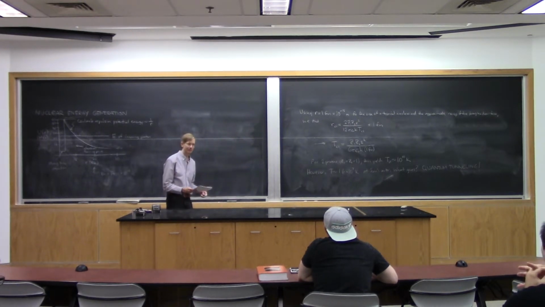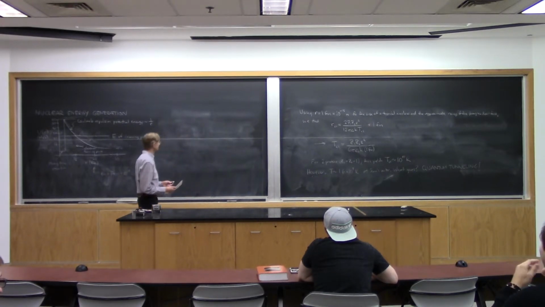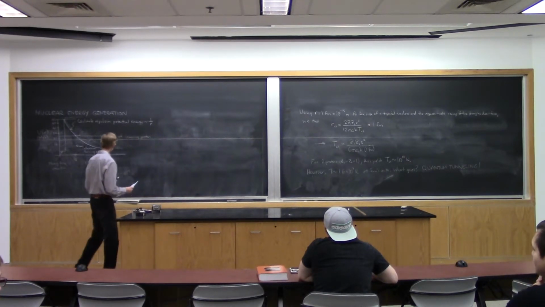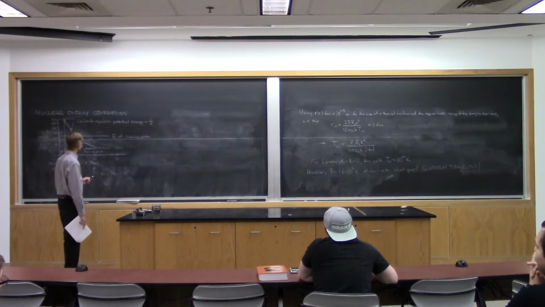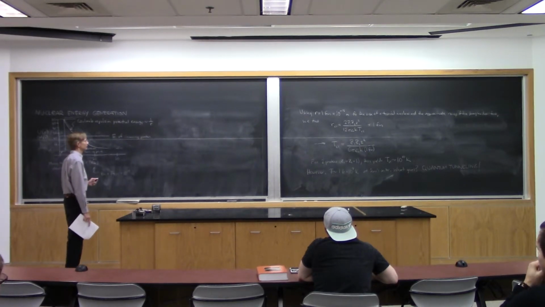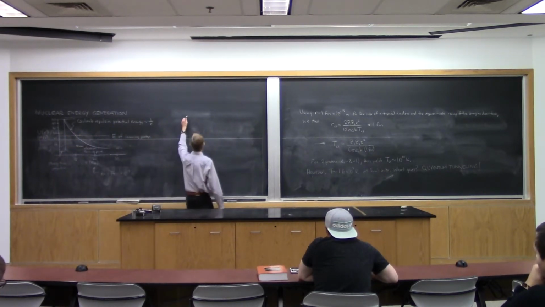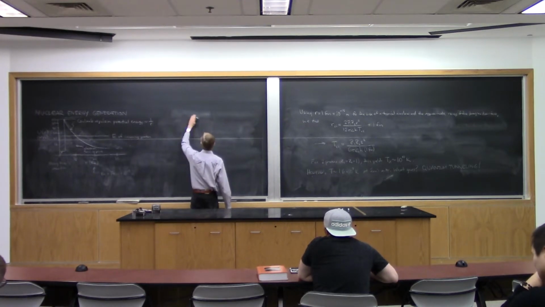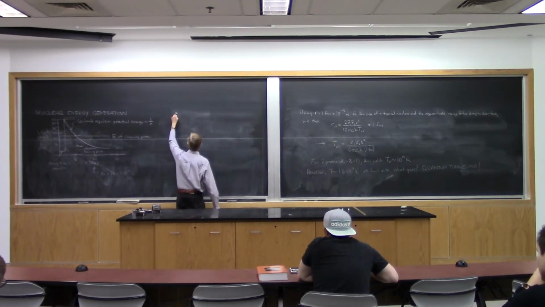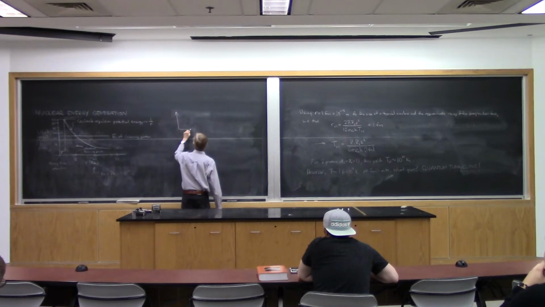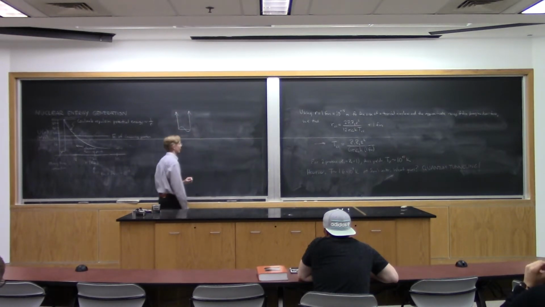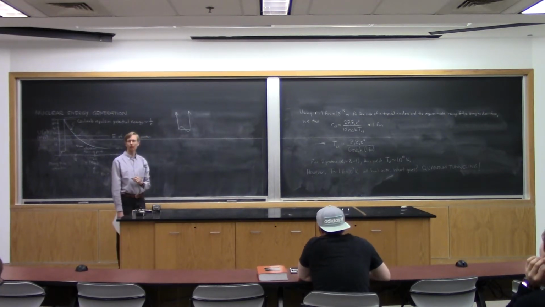So, the idea is that, remember that in quantum mechanics, if you have the infinite square well, then psi is 0 outside the well, because you've got an infinite barrier there.